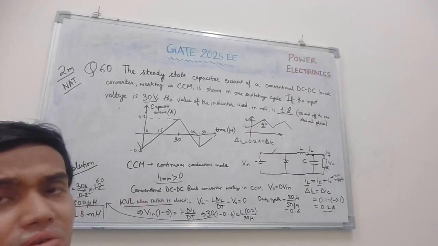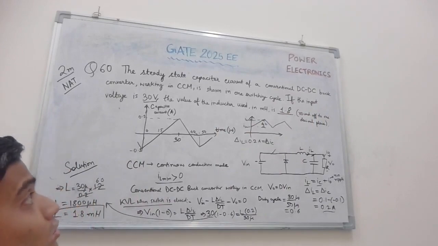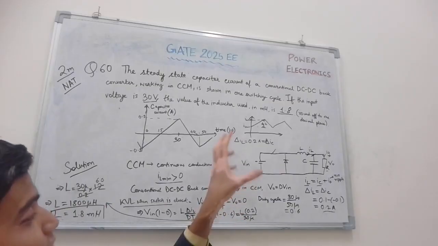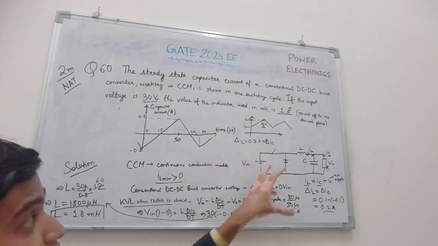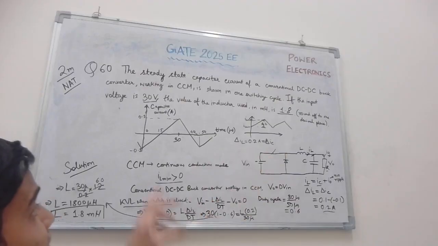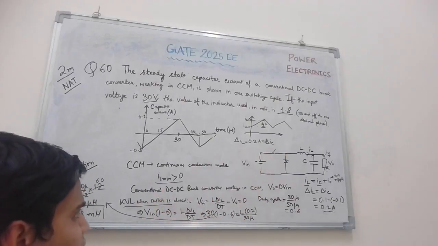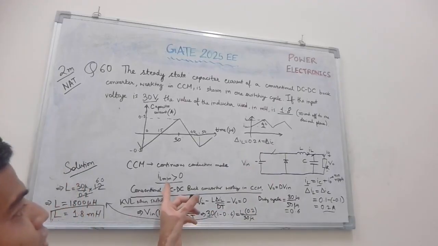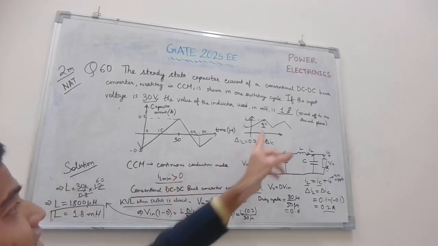Now let's explain how to obtain the value of the inductor from the very basics. We explain the operation of the conventional buck converter in continuous conduction mode, for which the minimum inductor current is greater than zero.